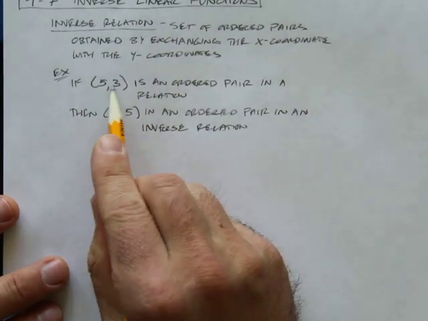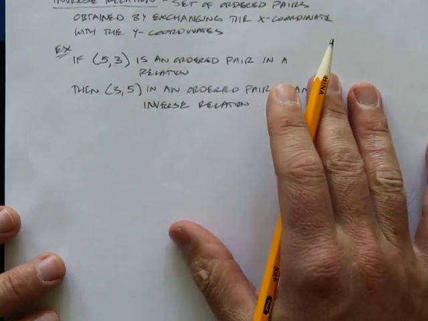So we just switch x and y. That's all there is to it, to make an inverse relation.